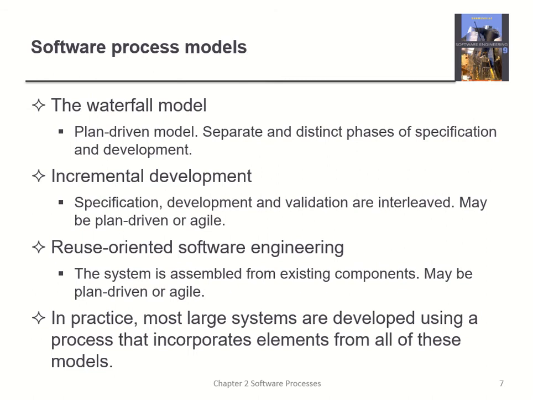Another model is the incremental development, where specification, development, and validation are interleaved. It may be plan-driven or agile. We also have the last model for this slide, reuse-oriented software engineering. The system is assembled from existing components and may be plan-driven or agile.